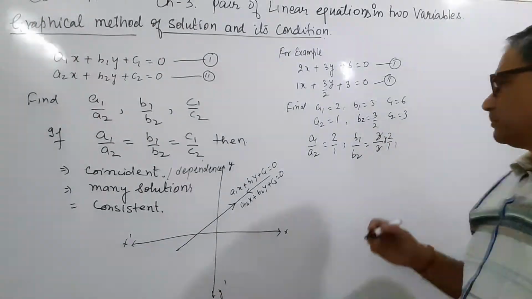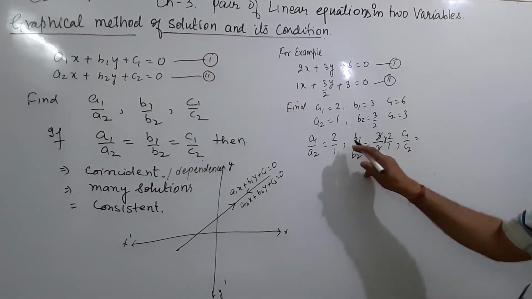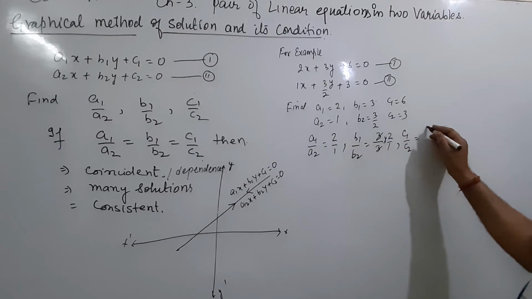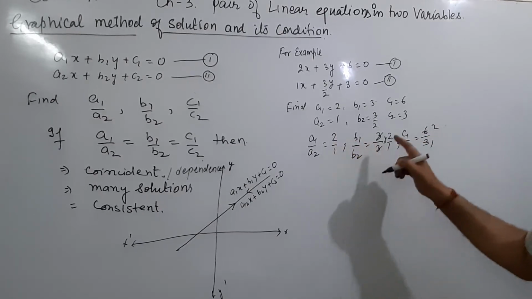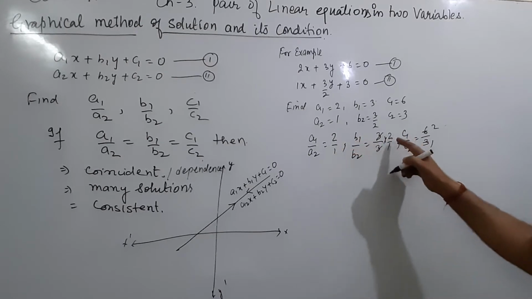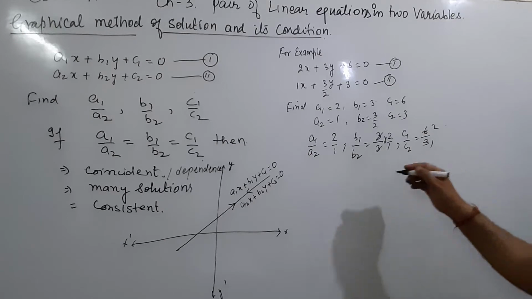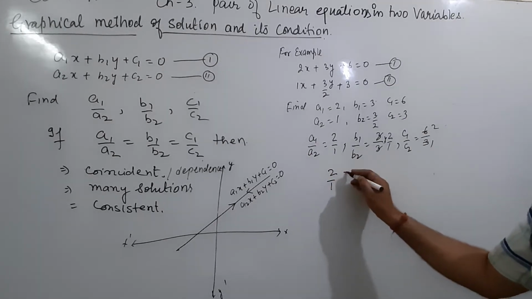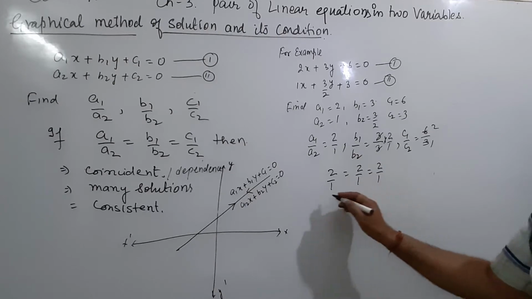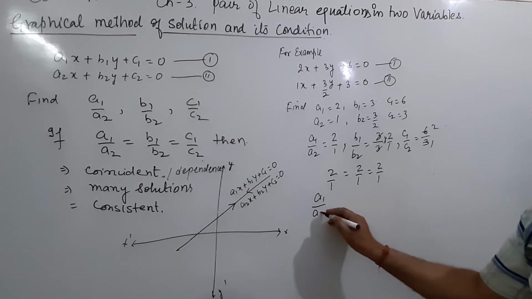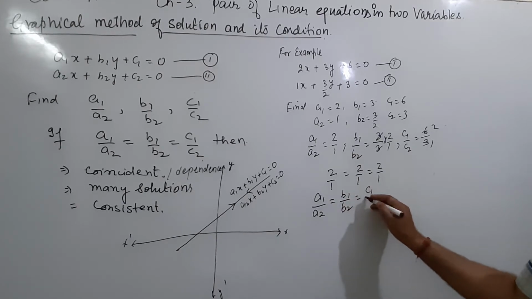And then c1 upon c2 equals 6 upon 3, which is 2 by 1. So 2 by 1 equals 2 by 1 equals 2 by 1. All three are equal, means a1 upon a2 equals b1 upon b2 equals c1 upon c2.